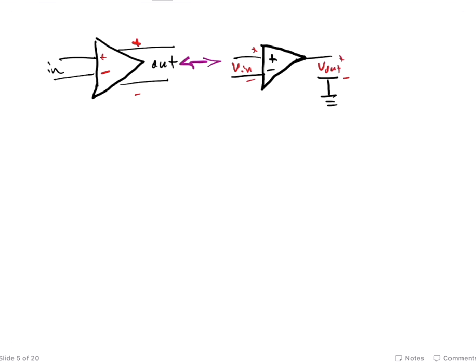So in this case on the right, we have a differential in, single-ended output op amp. And we've referenced the output voltage. It's a single wire, and we're referencing it to ground. But it's really the same as this. If we just connected this to ground, this would be exactly identical.